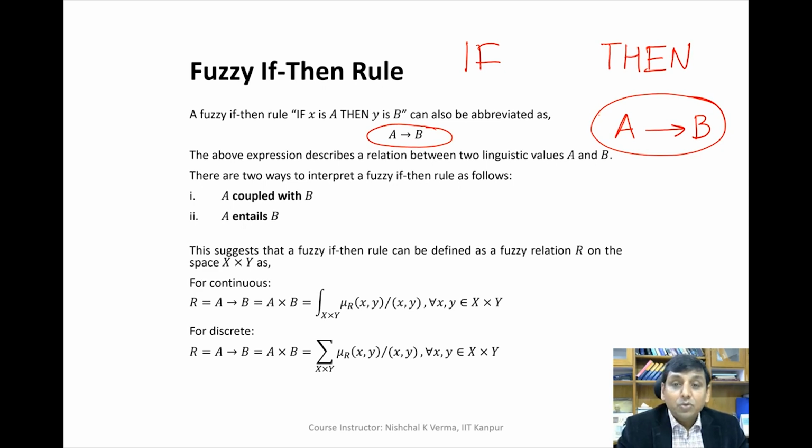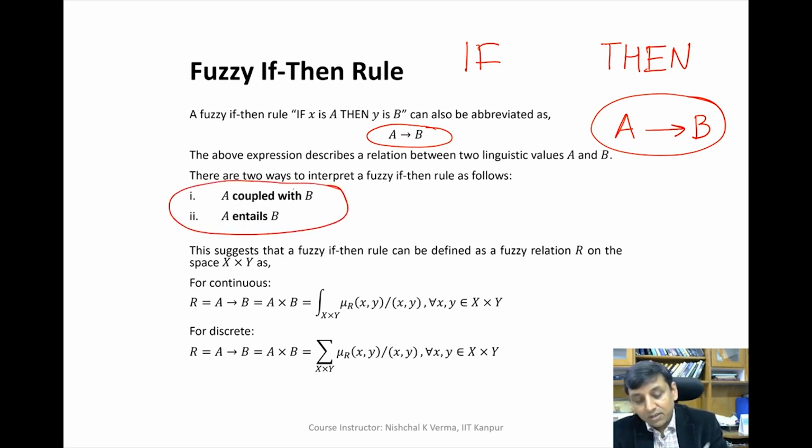So there are two ways to interpret a fuzzy if-then rule. First is A coupled with B, and the second one is A entails B. So here are the two ways, as I mentioned: A coupled with B, A entails B. So this suggests that a fuzzy if-then rule can be defined as a fuzzy relation, and we already know how we get a fuzzy relation from fuzzy sets.